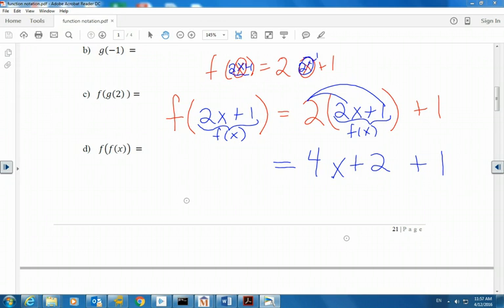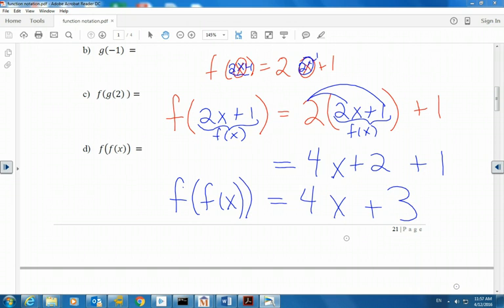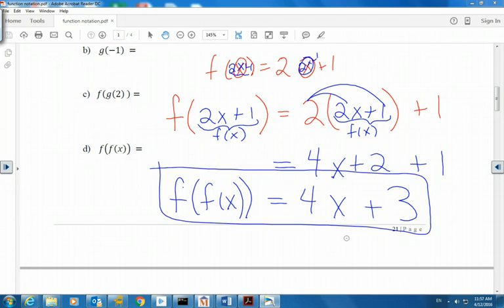So my final answer is f of f of x equals 4x plus 3. Weird? Interesting? Yeah, something different.